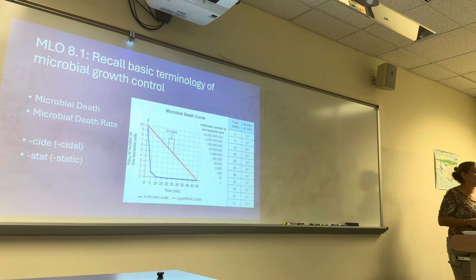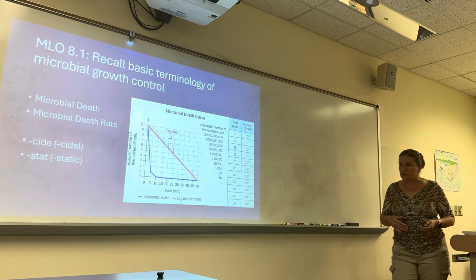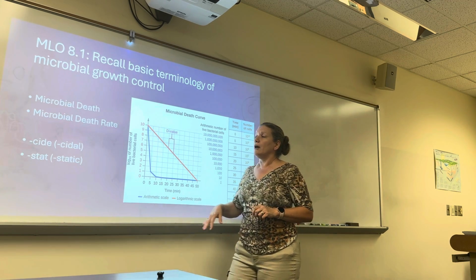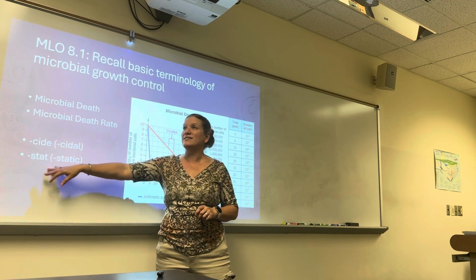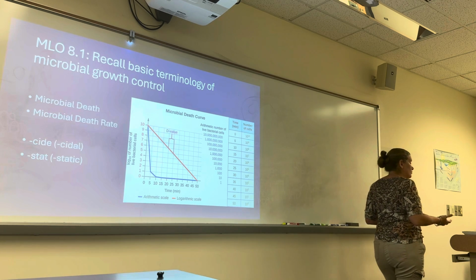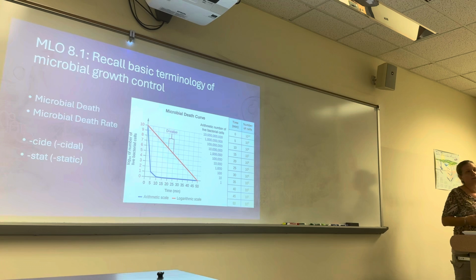So there are, of course, terms. If we're looking at microbial death, we're looking at antimicrobials that are microbiocidal. These are suffixes: cidal and stat, or static. If it's microbiocidal, then it is an antimicrobial that is going to kill the population.